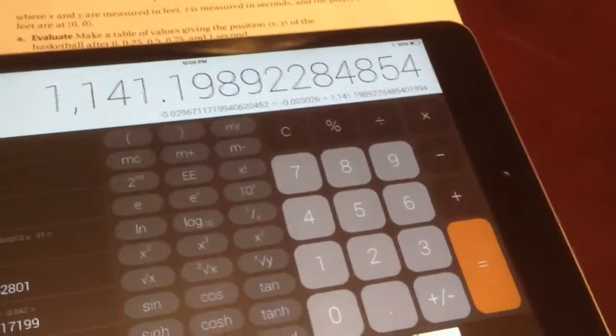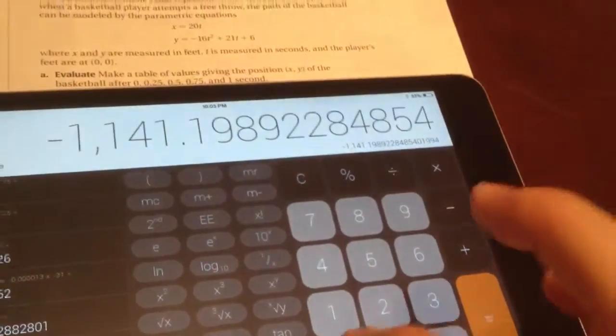And then you have the negative square root, which we said to remember was negative 0.0123.